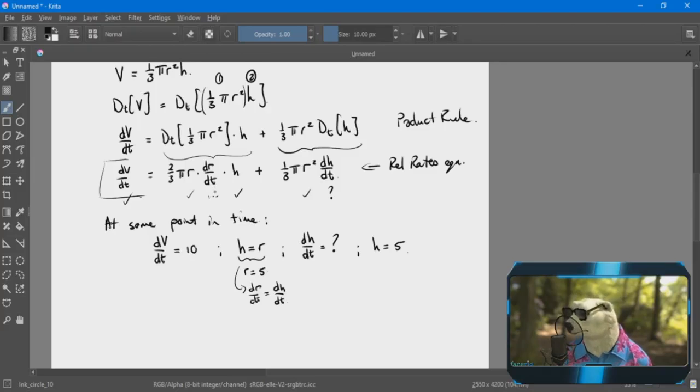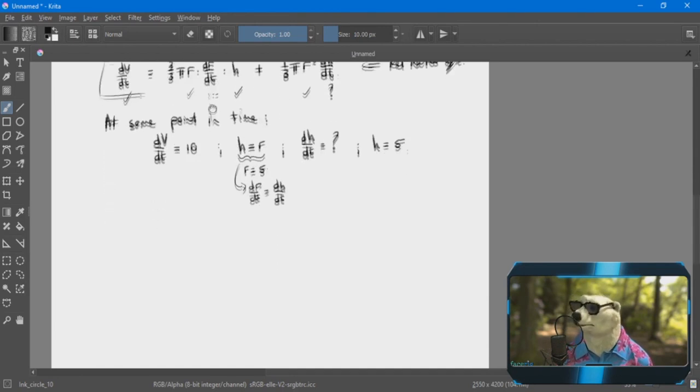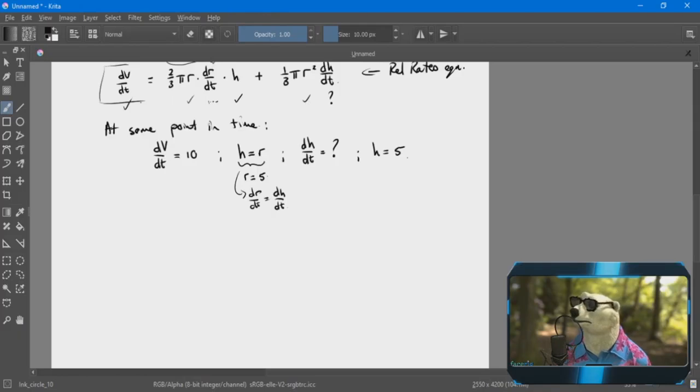So let's rewrite the related rates equation so that we can see where our unknowns are. If I rewrite this first, I have my dV/dt. I have 2/3 pi times r. Before I put numbers in, I'm going to be okay with r. I know r. dr/dt, I'm going to swap with dh/dt as my unknown.